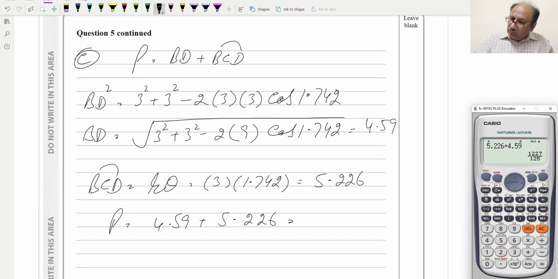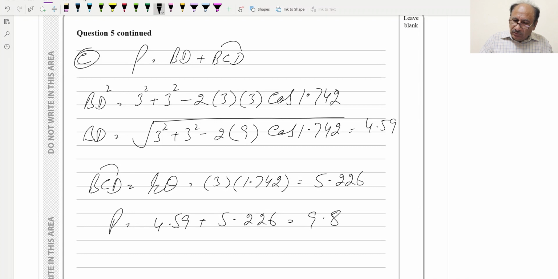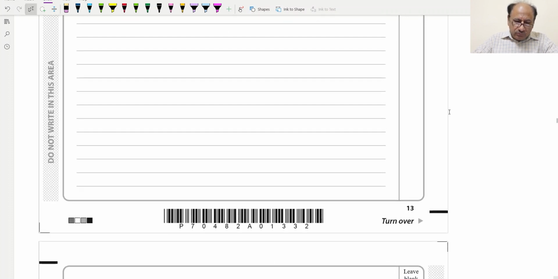So 5.226 plus 4.59 is equal to 9.816 meters, and we can write 9.8 meters to one decimal place or two significant figures.